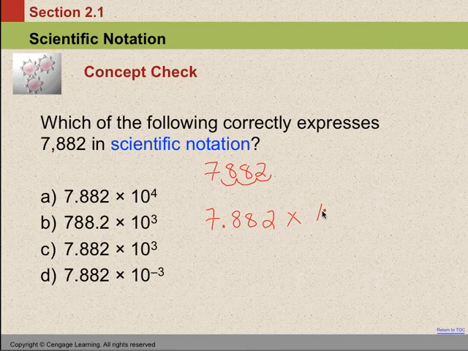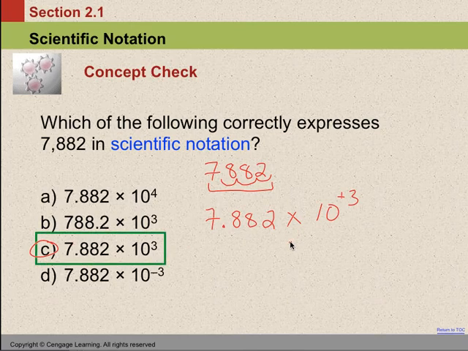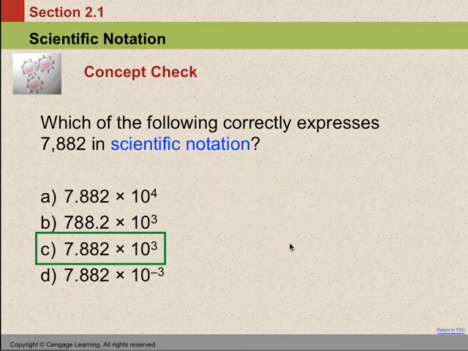I've moved it 3 places. This number 7,882 is greater than 1, so it's a positive 3. So the answer, hopefully, will be C. Yay, we're very good.